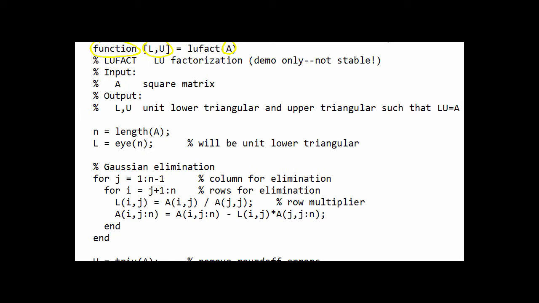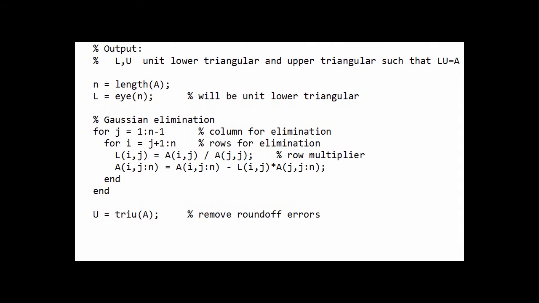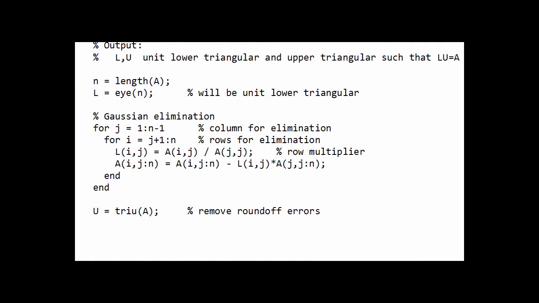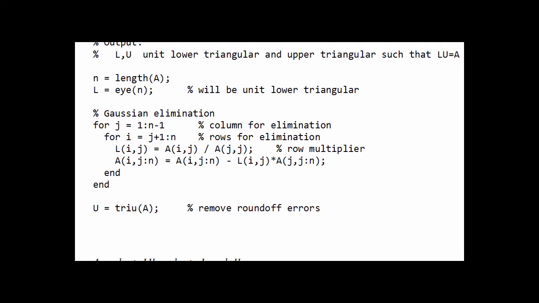So now we do the elimination. We loop over J, that's the column where we're introducing zeros. In each column J, we have to put zeros below the diagonal. So those are rows J plus 1 to N. We come up with the row multiplier that we're going to use.